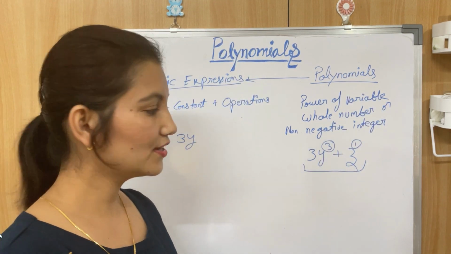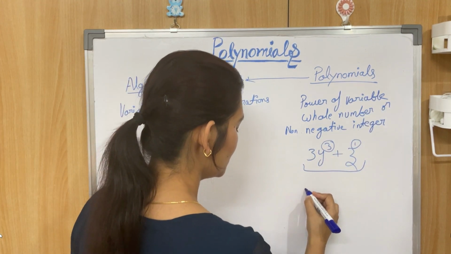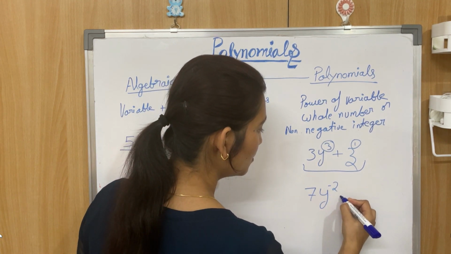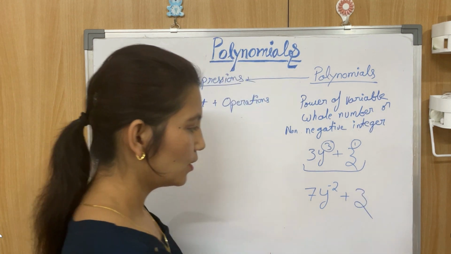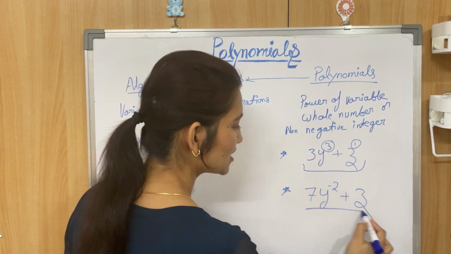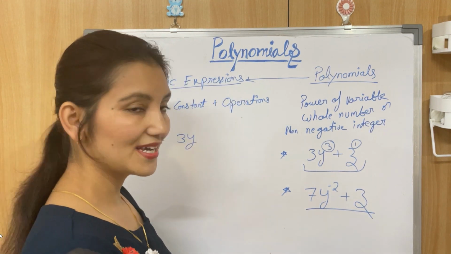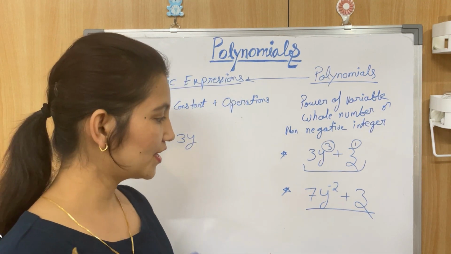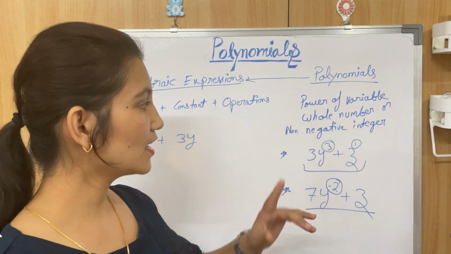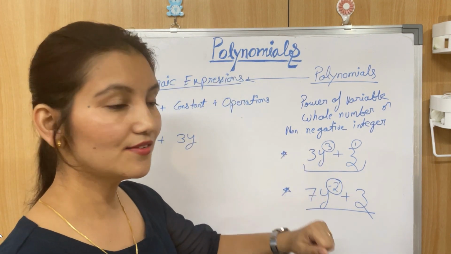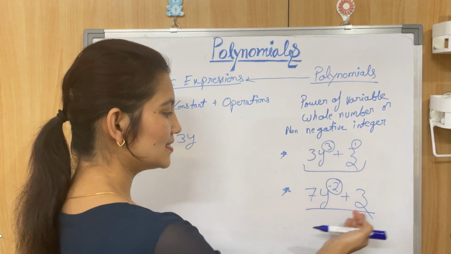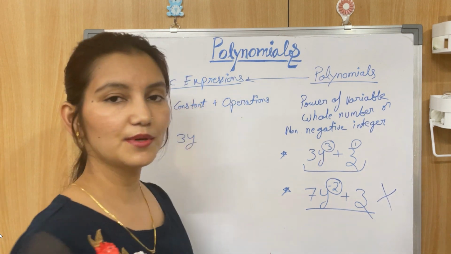Let's take another example: 7y to the power minus 2 plus z. What do you say about this expression? Here you can see the power of the variable y is minus 2, which is a negative integer, right? Which is not a whole number. That's why this is not a polynomial.